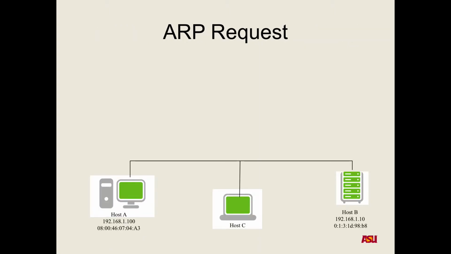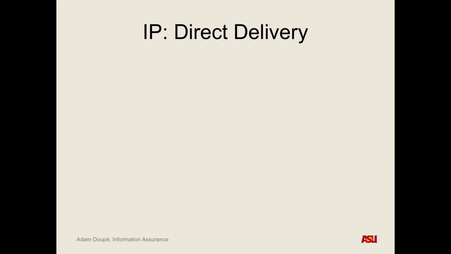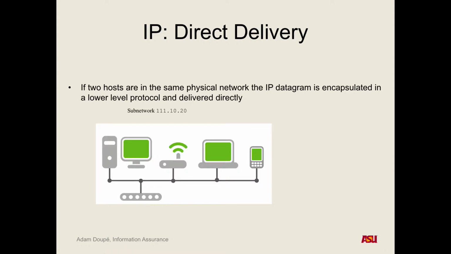So we looked at ARP, and basically, if 2 hosts are on the same physical network, how would 2 hosts know if they're on the same physical network? Network ID. How would it use that?